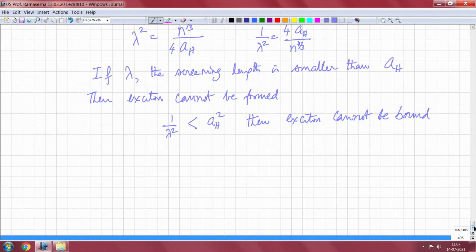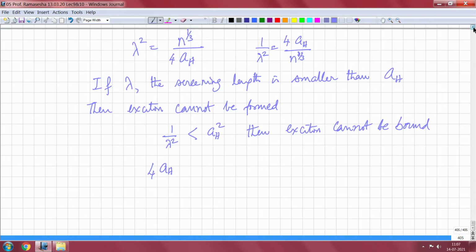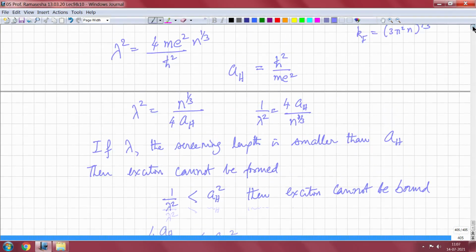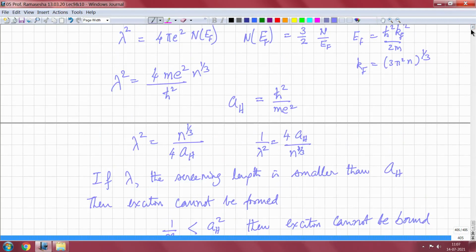So, for this to happen, what we are saying is 4AH by n to the 1/3 must be less than AH squared. I think I made a mistake, it is AH by 4. Four goes in the numerator if I am right.